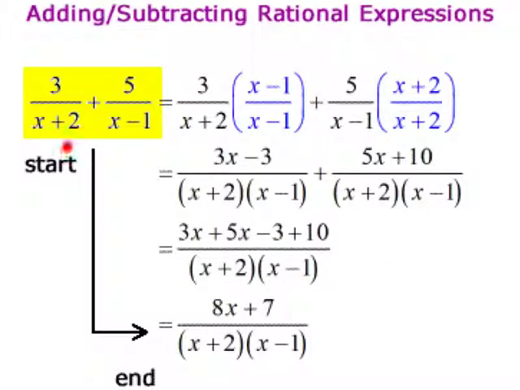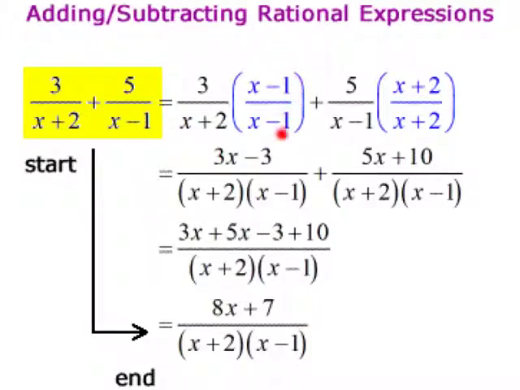Alright, this is just another example of when you're having to find an equivalent fraction. So with unequal denominators, you've got to have a common denominator. So in this case, the common denominator would be x plus 2, x minus 1. Alright, if it is that, we're going to have to find what this fraction would equal with that denominator.